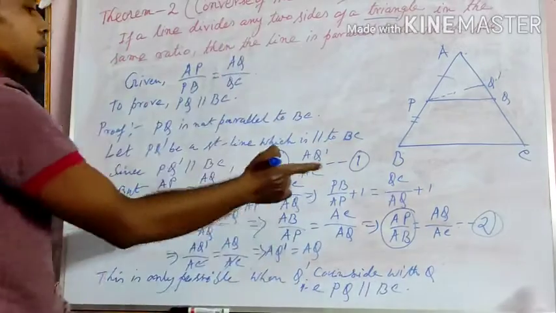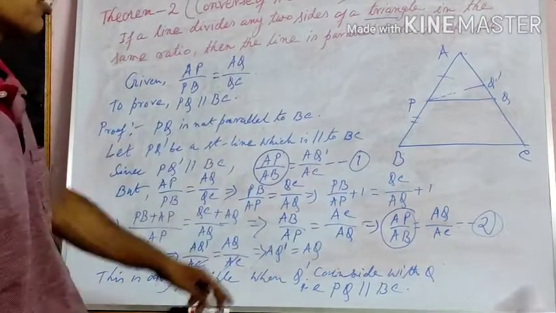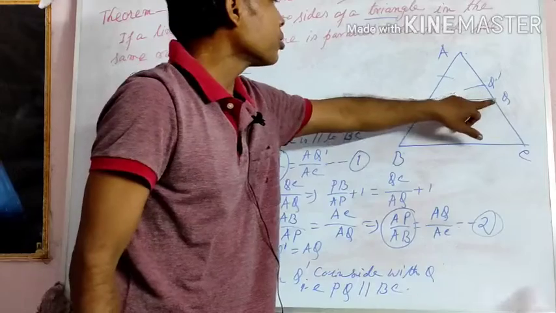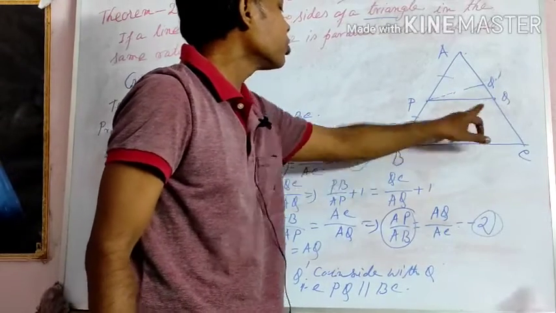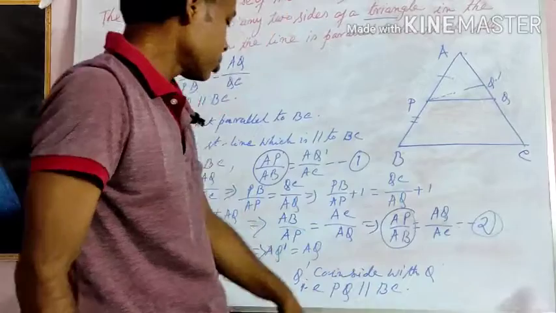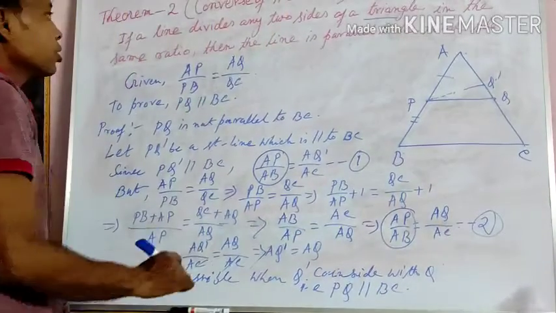P dash Q parallel BC or PQ parallel BC. When Q dash coincides with Q, then P dash Q is equal to PQ, that is PQ parallel BC. So in this way you can easily prove.